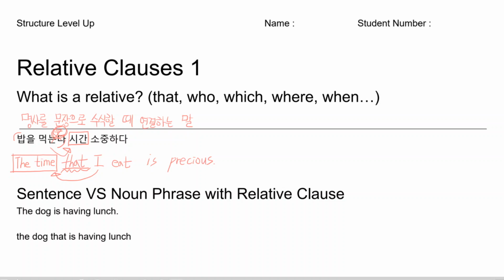So the chances are you get the answer right. The chances are very high. Okay? All right. So in English we say the time that I eat is precious. It's a weird sentence, but this is how a relative goes in English. Okay? Okay, let's move on.